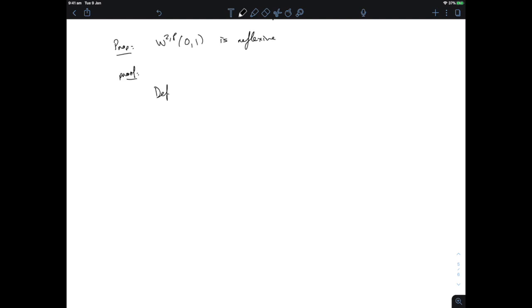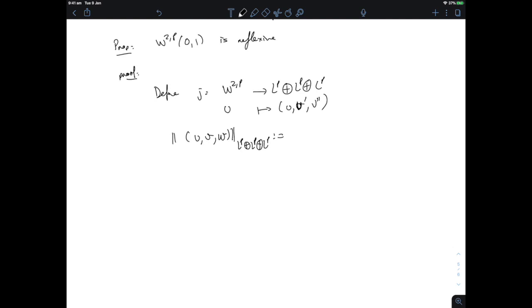So we consider the map J that goes from W^{2,p} to the sum of 3 copies of L^p(0,1) and sends the function u to the triple u, u prime, u second, where the norm of a triple (u,v,w) in this L^p plus L^p plus L^p space is by definition, if I raise it to the power p, the L^p norm of u raised to the p plus the L^p norm of v raised to the p plus the L^p norm of w raised to the p.